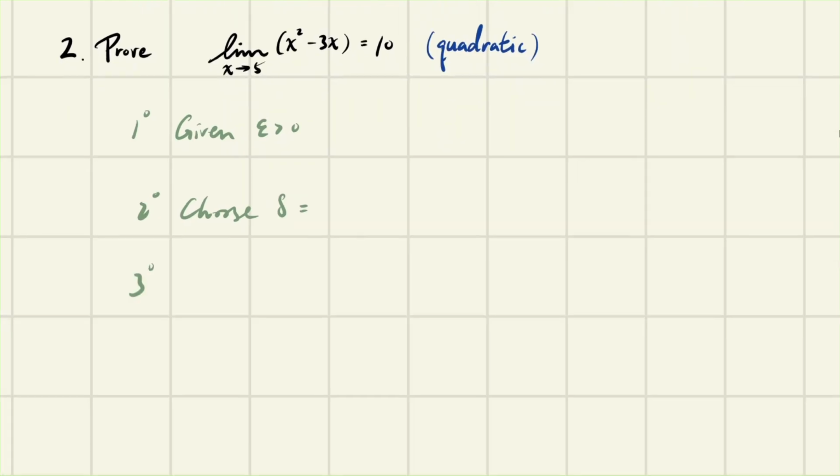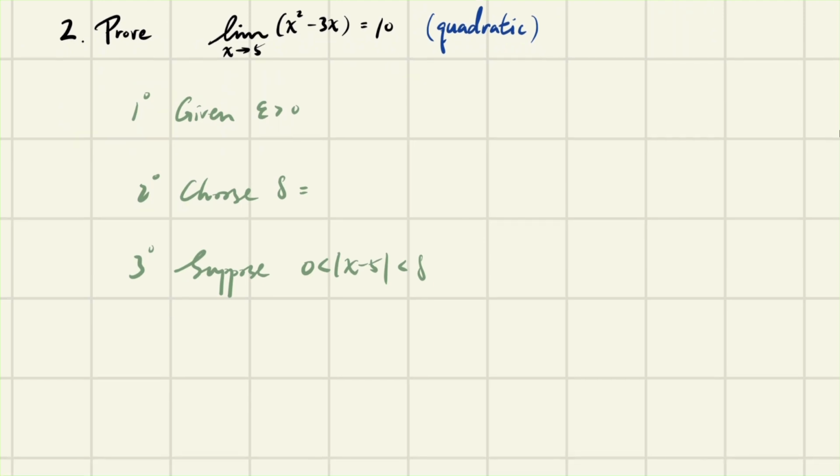Thirdly, suppose the absolute value of x minus 5 is between 0 and delta. Then we check if it's true. So check our function f of x, which is x squared minus 3x, and then minus our L, which is 10.